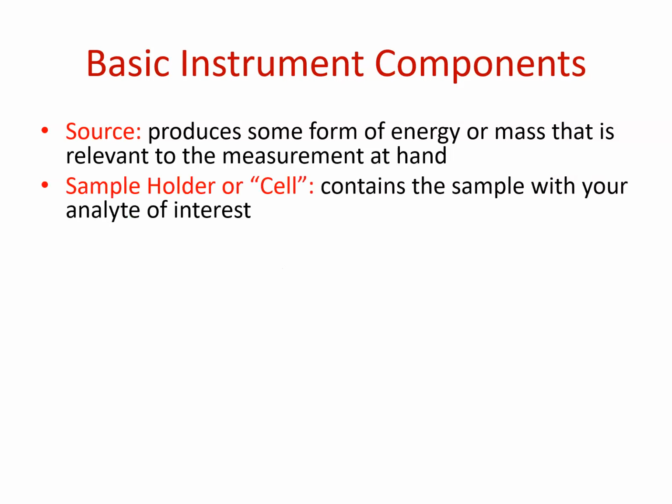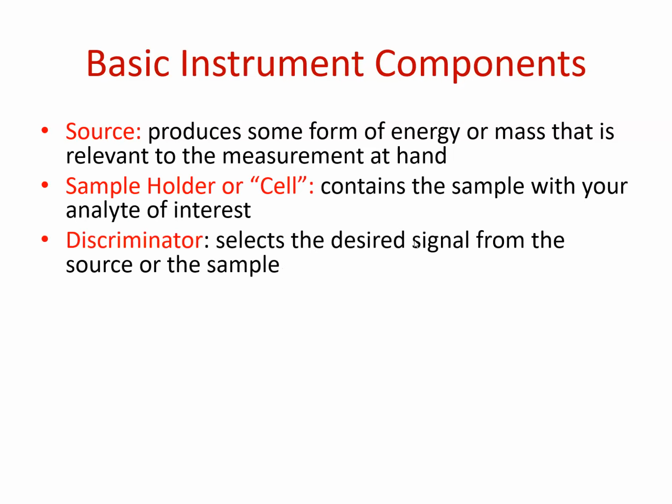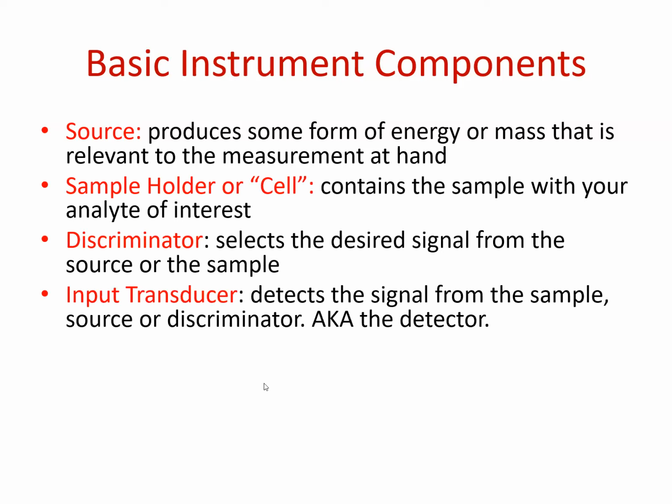Number two, you're going to need a sample holder or a cell. This is going to contain the sample with your analyte of interest. And you need a discriminator. The discriminator is going to select the desired signal from the source or the sample. The other instrument component is the input transducer.